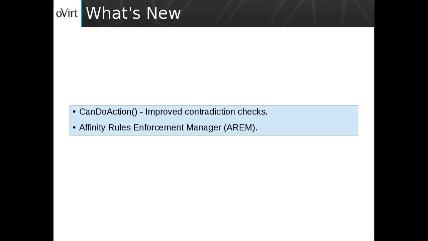For those of you who don't know what can-do action is, basically each time you do some kind of operation in the engine, for example adding or editing affinity groups, before the engine runs the command, it runs the can-do action, which checks if you're allowed to do the action, if you can do it logically.